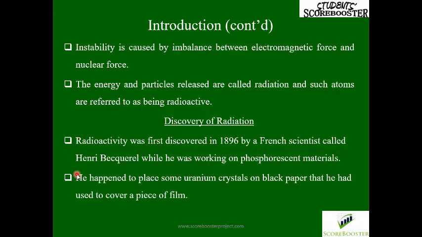Let's assume that we have like 90 protons together. The repulsive force between the protons will then be much more than the attractive force between the nucleons. That is what is called instability.